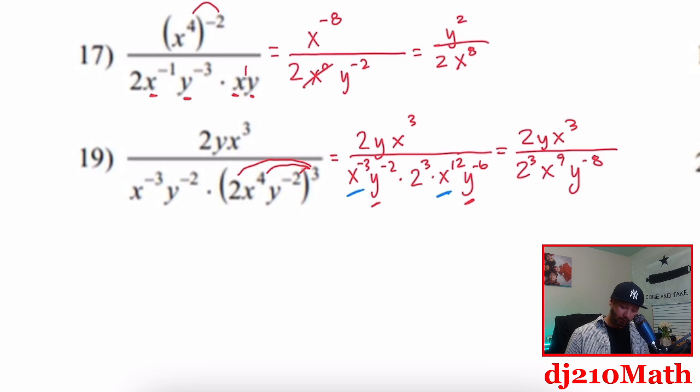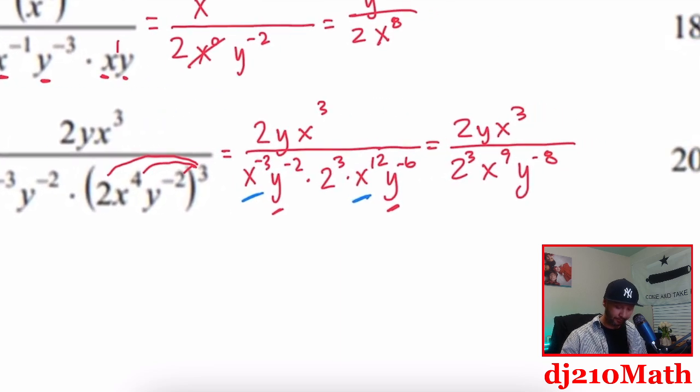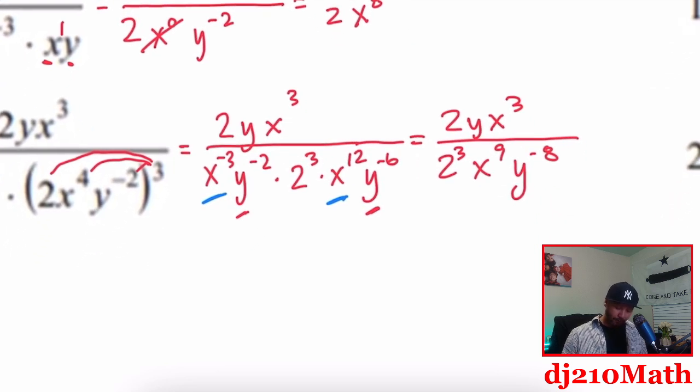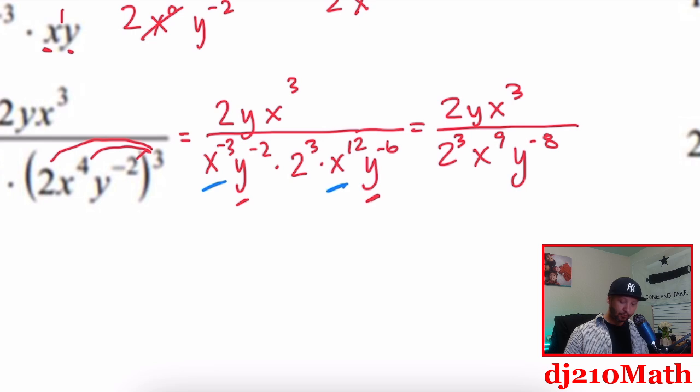Okay, simplifying this. First off, there's a 2 in top, 2 cubed in the bottom. So that's going to mean 2 squared, which is 4.